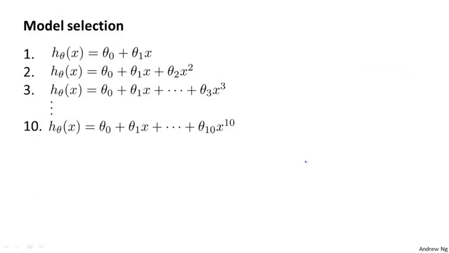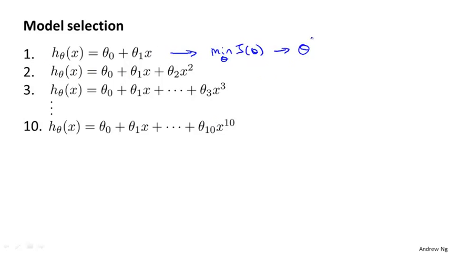So when faced with a model selection problem like this, instead of using the test set to select the model, we're instead going to use the validation set, or the cross-validation set, to select the model. Concretely, we're going to first take our first hypothesis, this first model, and minimize the cost function, and this will give me some parameter vector theta for the linear model.